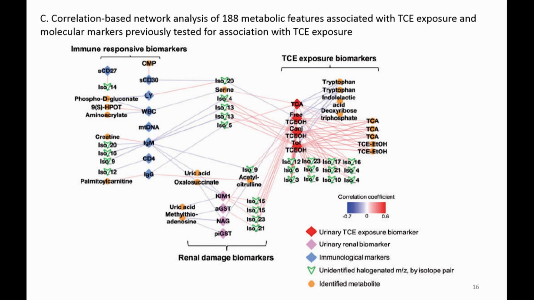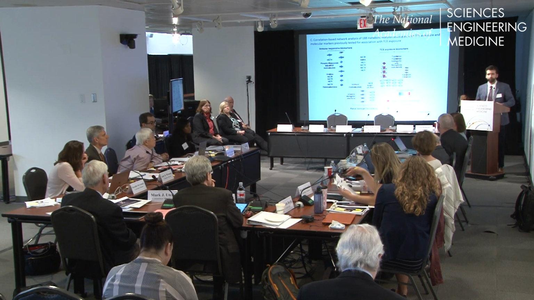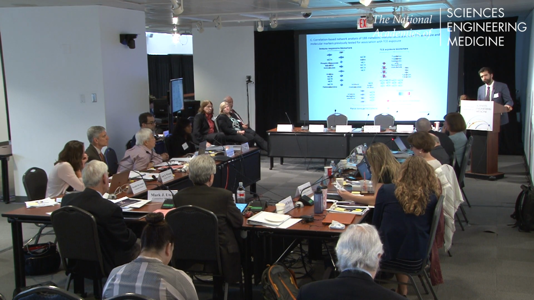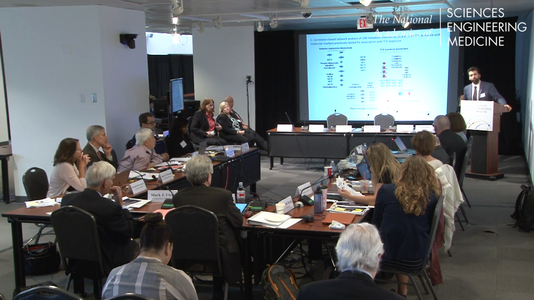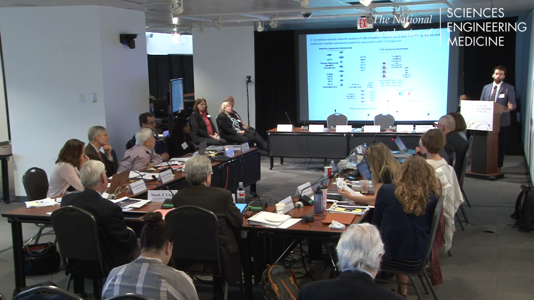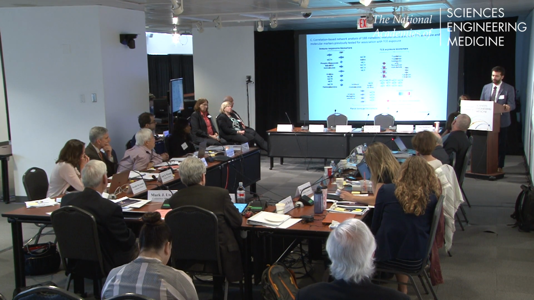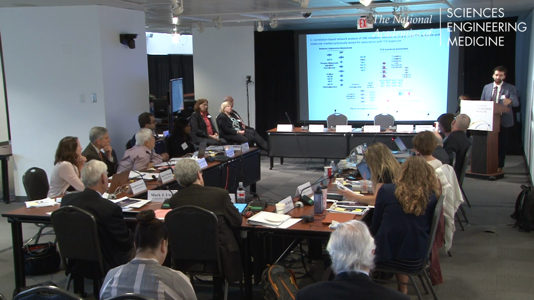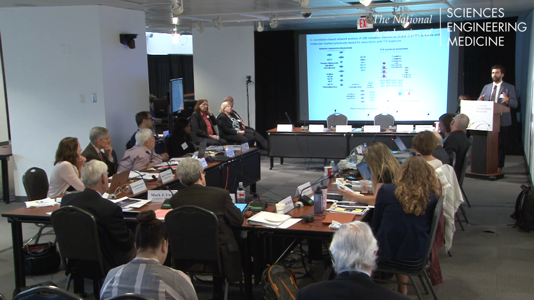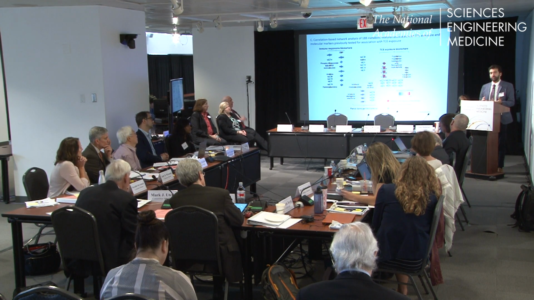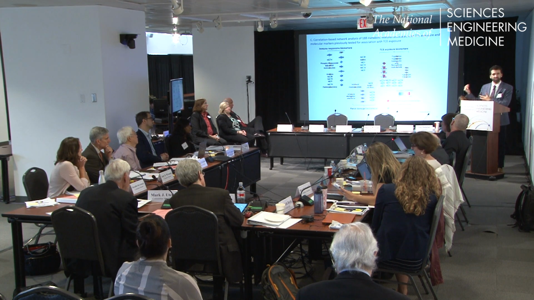In our case, there are instances where they have bloods before and after, or maybe even more proximal to the exposure that we could exploit for that. We call it suspect screening. So the idea is, just like the case you mentioned, you take an already analyzed data set, let's just say a metabolomics data set, and you want to see whether any of the samples were exposed to TCE, for instance.